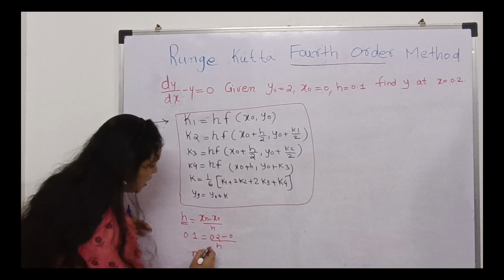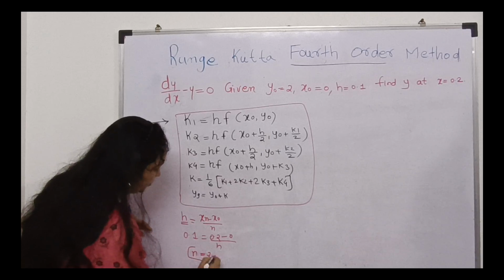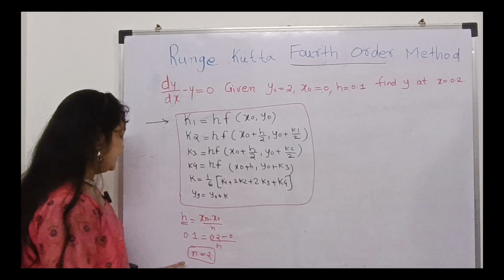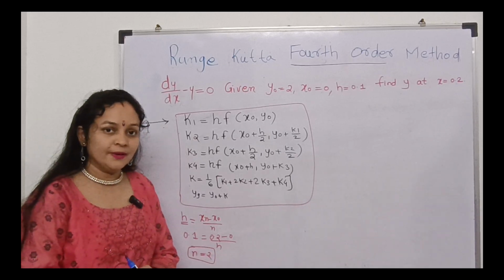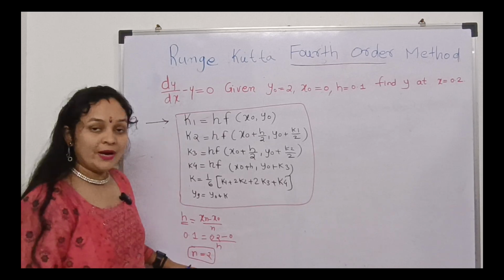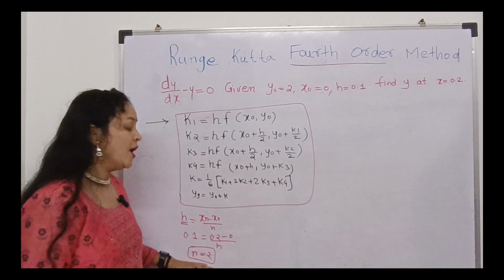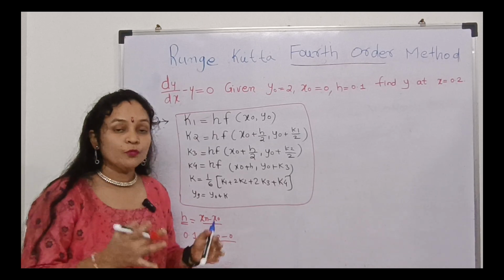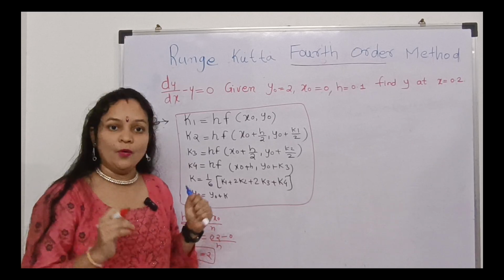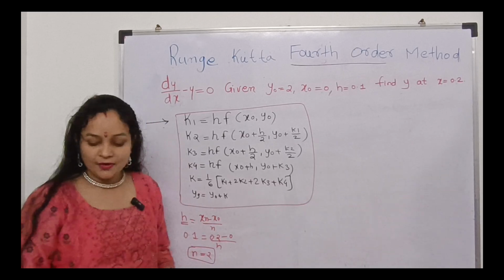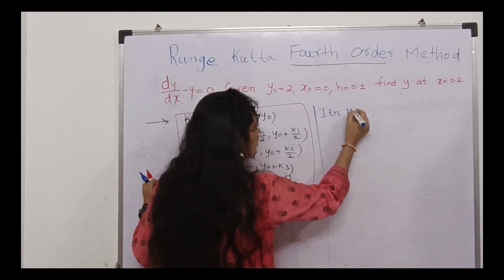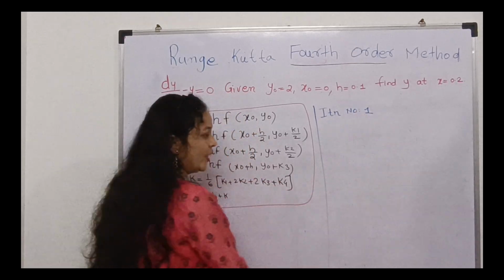You get the value of n equal to 2. Hence it is an approximate type of method. So for this numerical statement you have to perform 2 iterations. So let us start with iteration number 1.